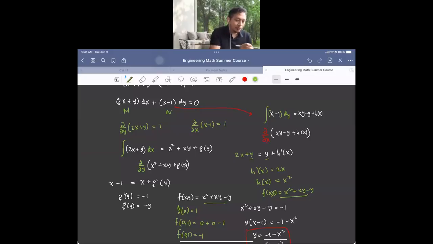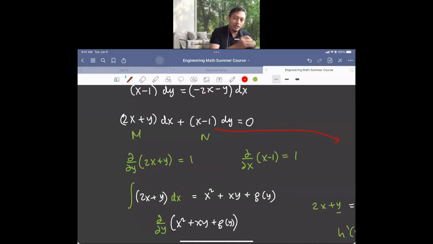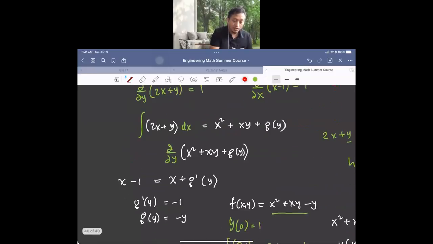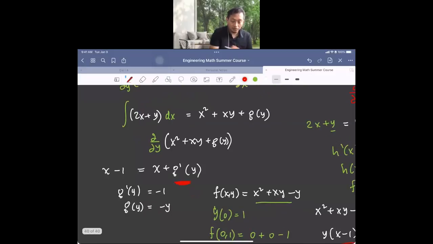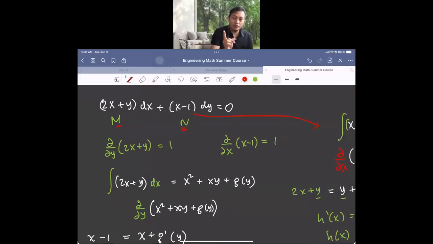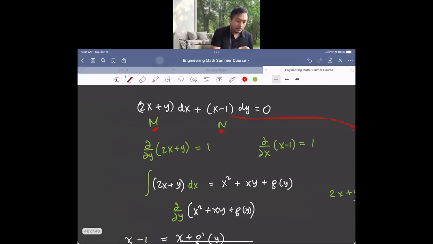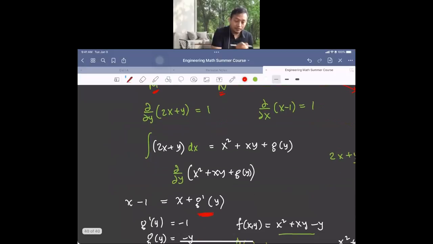And later you will see that maybe m may be easier than n, so you can just stick with m, make out the g prime and then find out the total function. Or if you think the n is easier, then you can start with n. But don't forget, when you take the integrations, you need to remember which part it is.